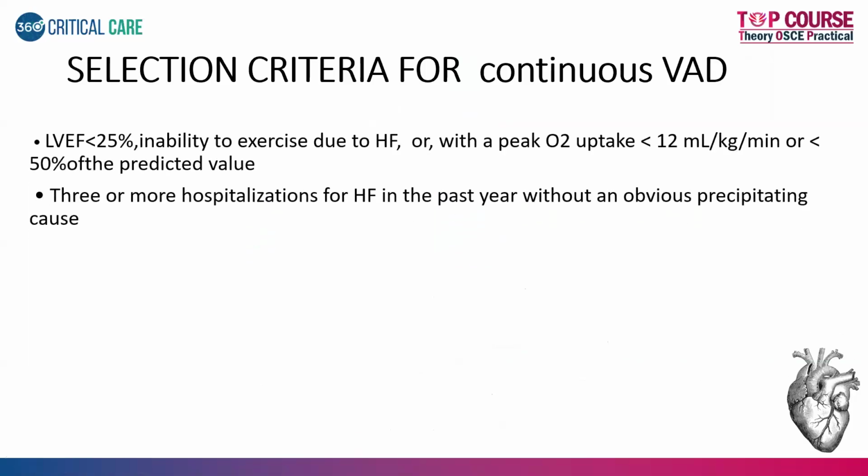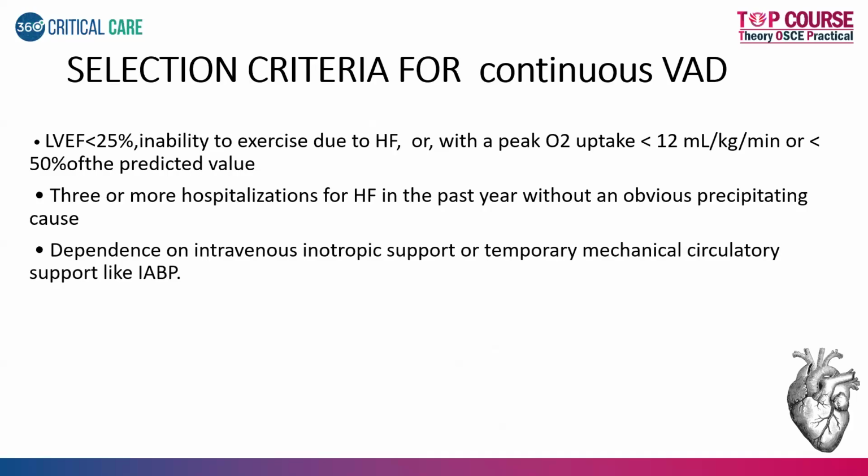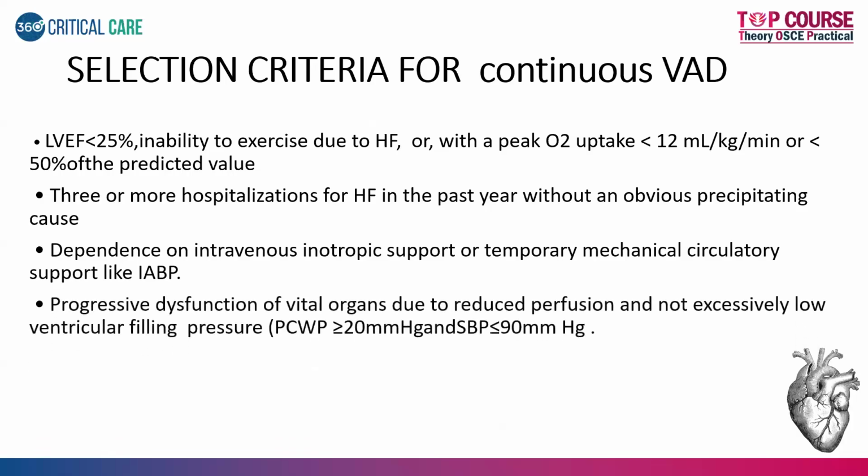So what is the selection criteria for a continuous VAD? Usually the patient should have an EF of less than 25%, and usually the oxygen uptake should be less than 12 ml per kg per minute. Okay, so if the patient is getting recurrently admitted to the hospital for ADHF or cardiogenic shock, and is dependent on some sort of inotropic support or a temporary mechanical circulatory device, you can consider a continuous VAD.